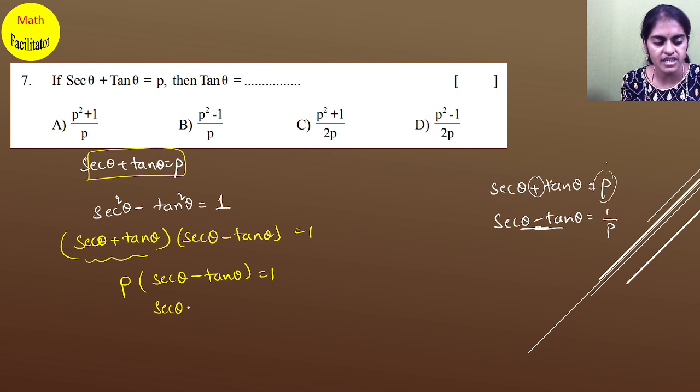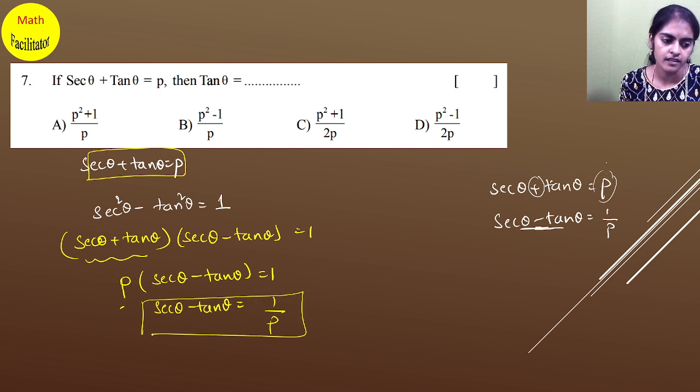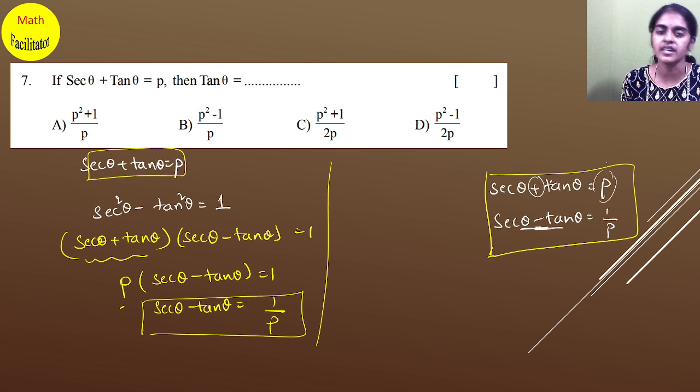Now what is the value of secant theta minus tan theta? It is nothing but 1 by P. Transposing this P to the other side will be 1 by P. Did you get it? If you solve also you'll get the same answer. This is the shortcut trick which I told you, the same one I told you with cosecant and cot also, right?